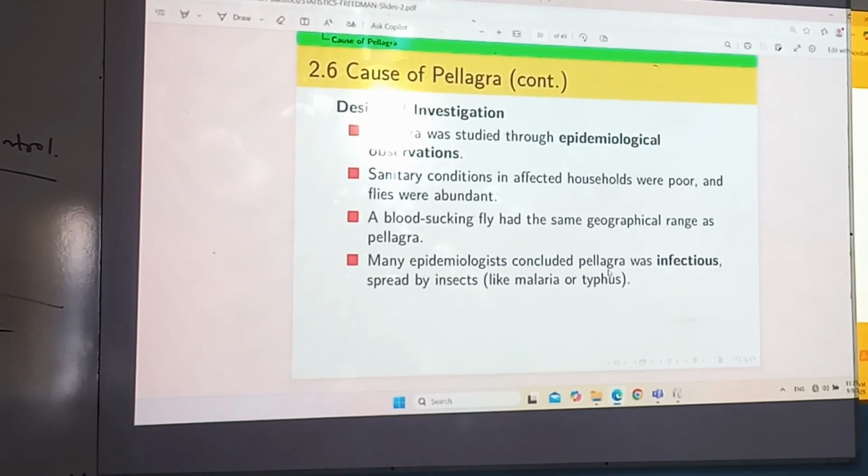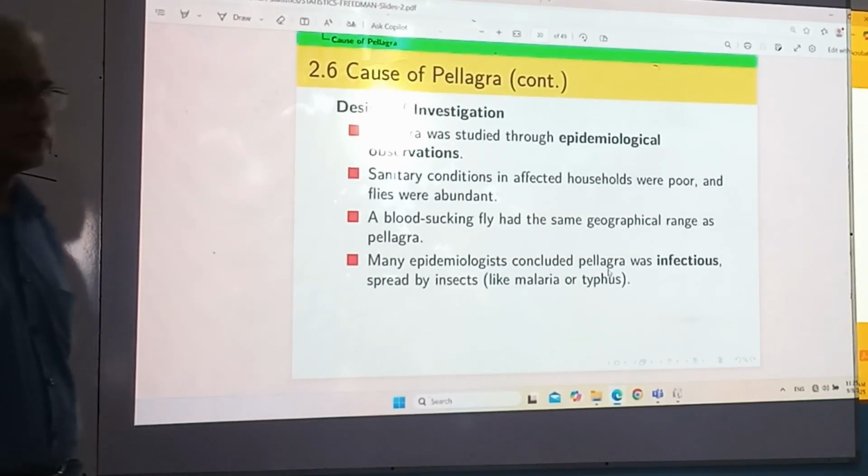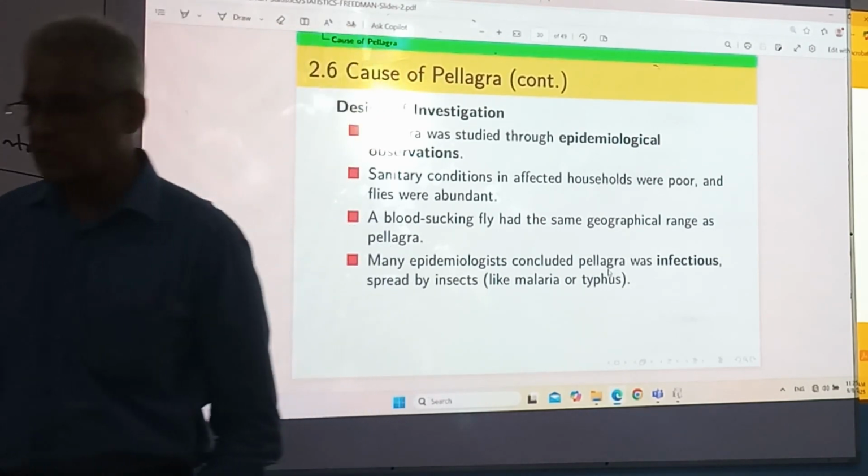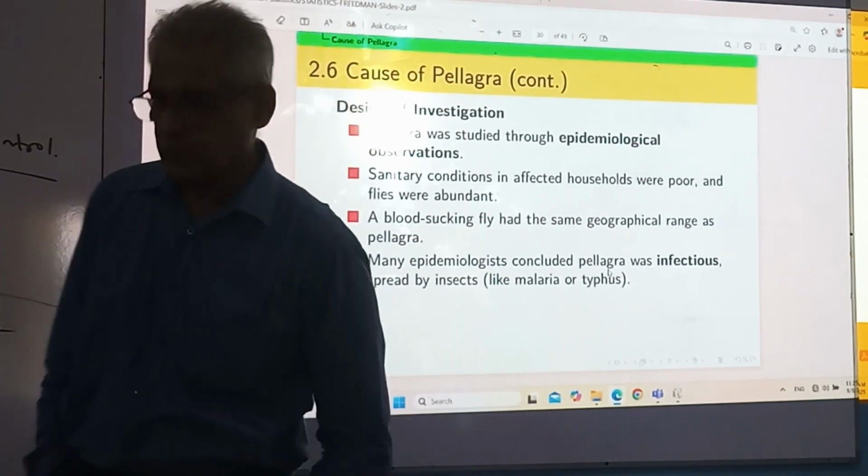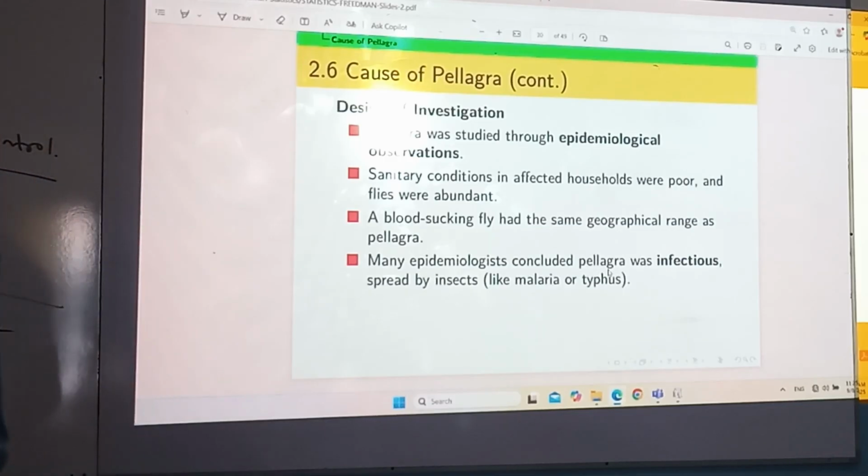They observed that sanitary conditions in affected households were poor and a lot of flies were abundant. Right? So in those houses where these particular patients were found, most of those houses were poor houses actually, and there were a lot of flies around in those houses. And they found out that there is a blood-sucking small insect in those environments.